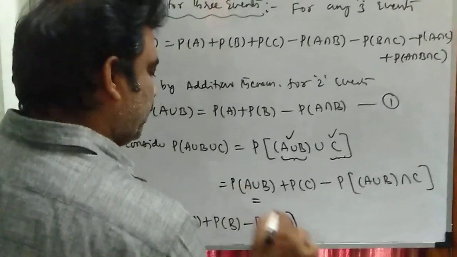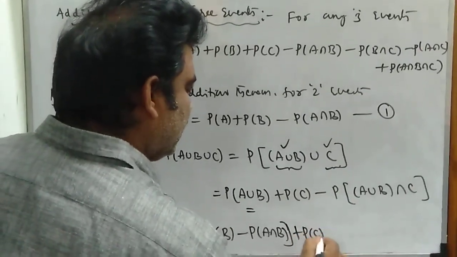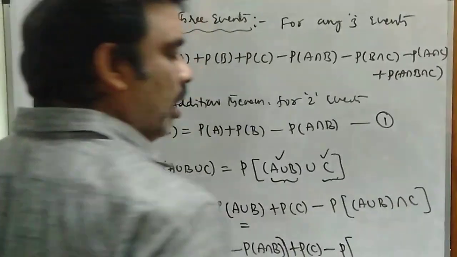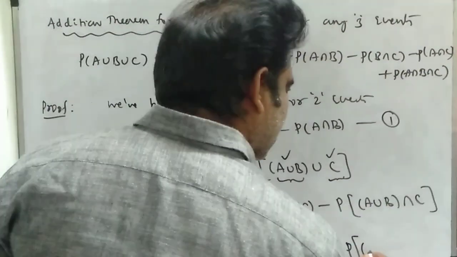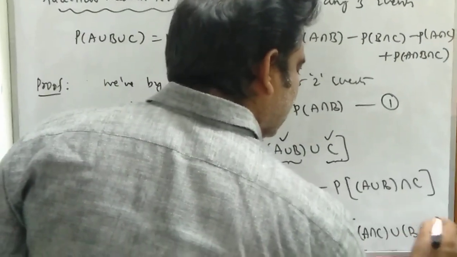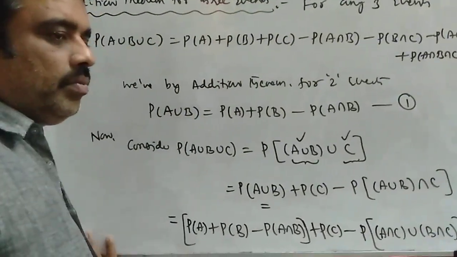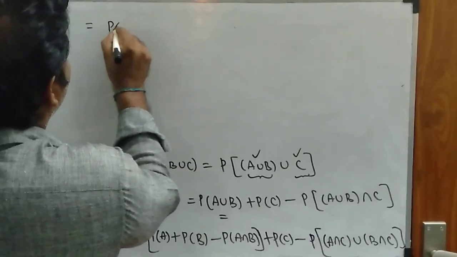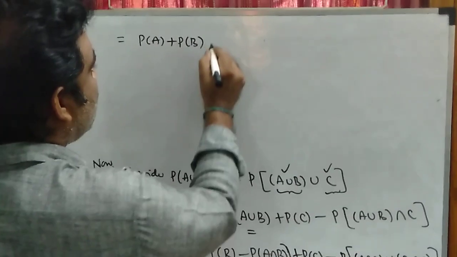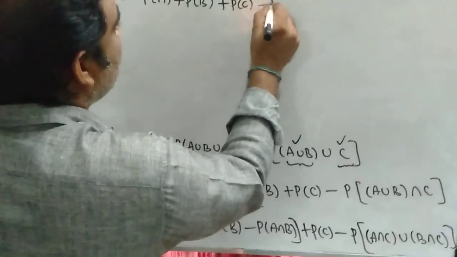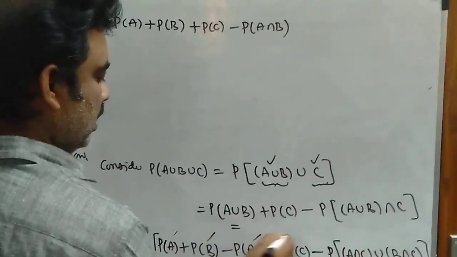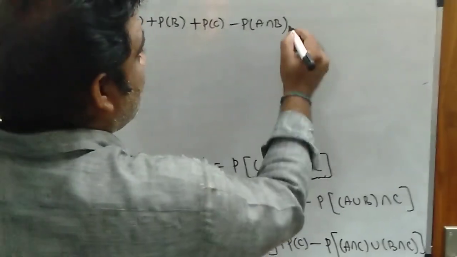This is the first term expansion. P of C as it is, minus. So here apply the distributive law: A intersection C, first term, union B intersection C, which is equal to P of A plus P of B plus P of C minus P of A intersection B. These 4 terms have been written, minus.